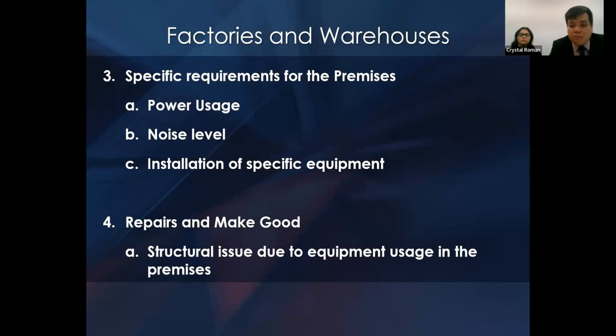If the current premises do not have sufficient power capacity, the tenant and the landlord can negotiate on whether the landlord will do the upgrade works prior to the commencement of the lease, or whether the tenant can, at their cost, do the works.